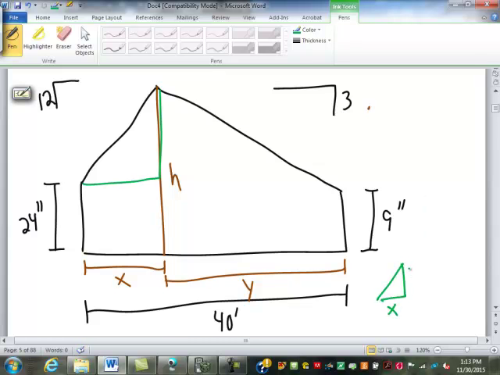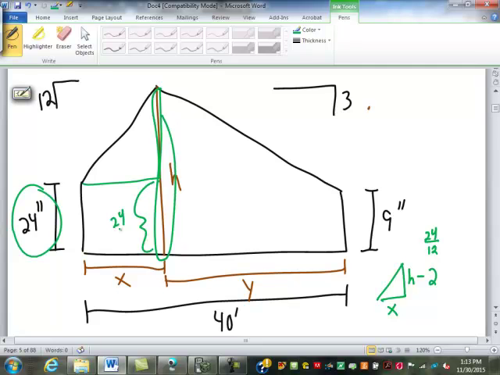This is X, and this is H minus 24 over 12, which reduces to 2, right? So it's 24 here, right? Because H is the whole height, and we're subtracting 24 inches. This is 24 over 12, or 2 feet. Then, of course, the slope is 12-12.